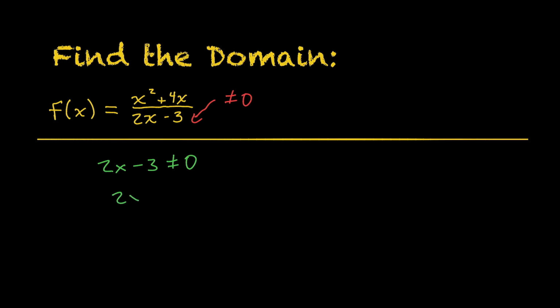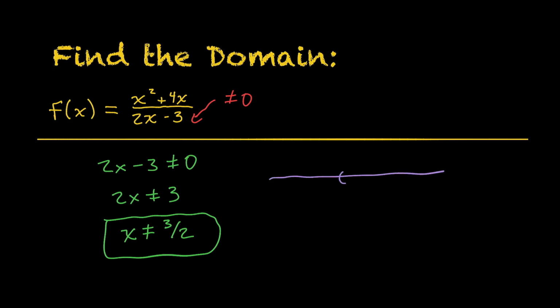So we're just going to isolate our 2x by adding 3 over to the other side. So 2x is not equal to 3. And then we divide by 2, so x is not equal to 3 halves. Now this might be an acceptable answer, but if it says put in interval notation, remember interval notation, we can just draw a number line, square off or dot out 3 halves, and then figure out what does actually work. Well, over here works, and to the right of 3 halves works.